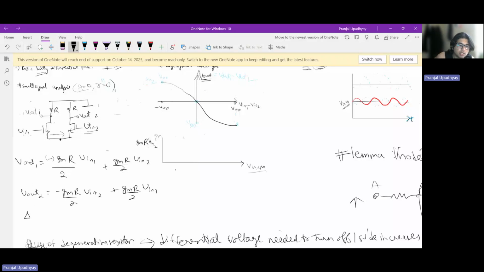So what I'll get is delta Vout. Yeah, so I'll get delta Vout equals what? Vin1 can be made common, and what I'll get is minus. I can take the minus common in this whole guy.